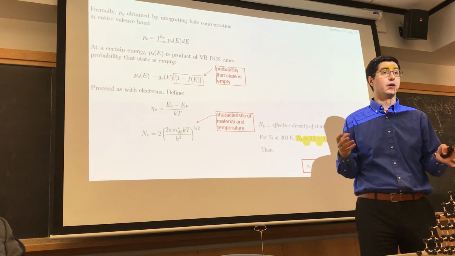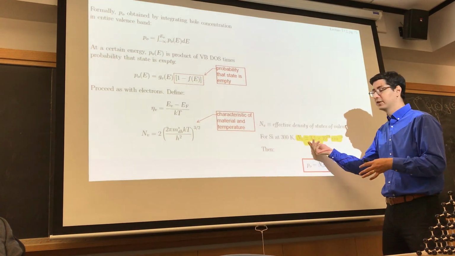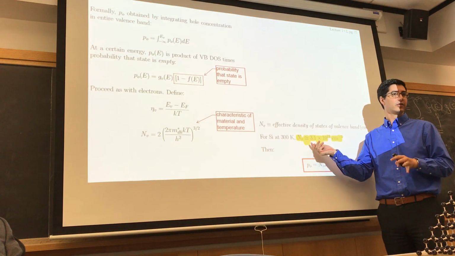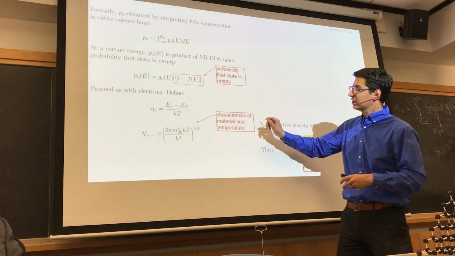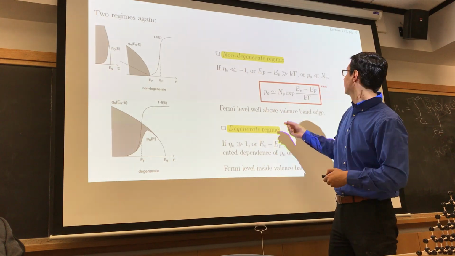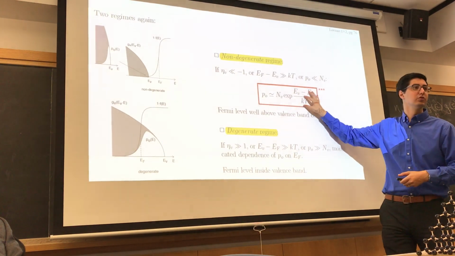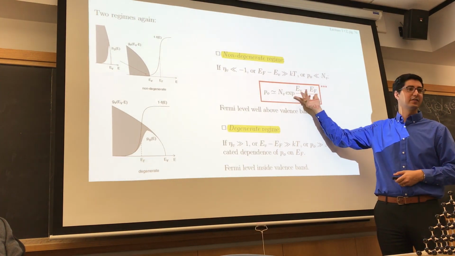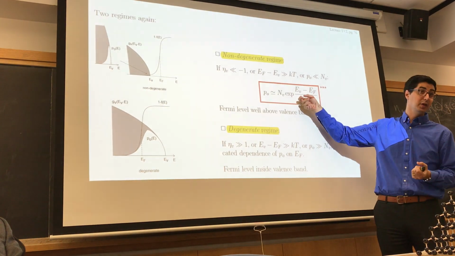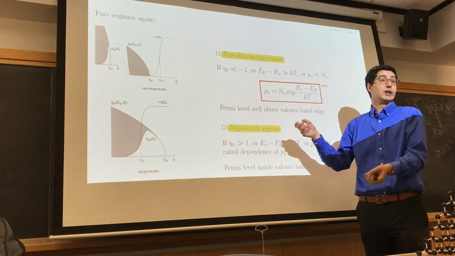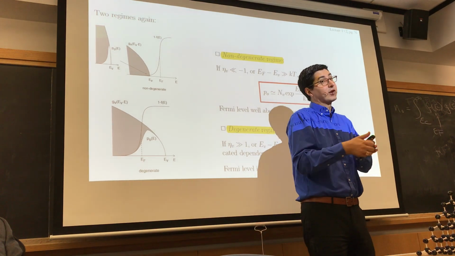You can give me the 0.1, that's fine, but let's not kid ourselves and think we have infinite accuracy, right? If I change my kT by just a little bit, it's going to change this expression by a lot, because it's growing exponentially. So if I use 25 millivolts or 26 millivolts, I'm going to get different answers, maybe by a factor of 2.